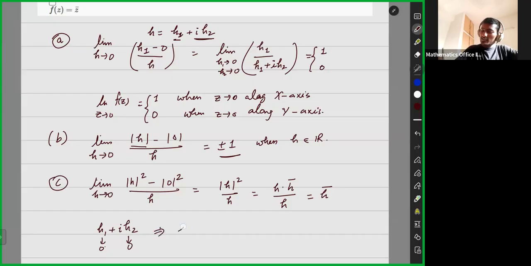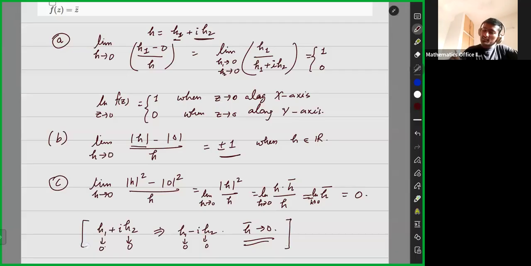This implies h1 minus i h2 also goes to 0, so h bar is also going to 0. So the limit becomes 0.